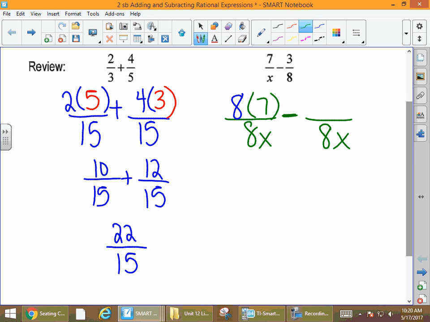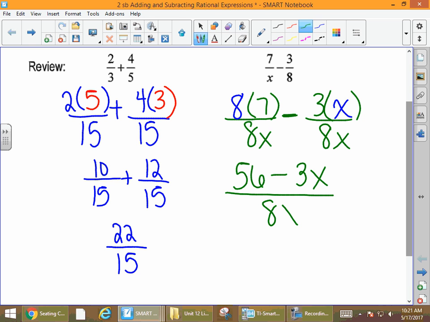Over here, on the second fraction, what did we multiply 8 by to get 8x? This time we multiplied by an x. That 3 is still in the numerator. So we can simplify. 8 times 7 is 56. 3 times x is 3x divided by 8x, all over the common denominator.